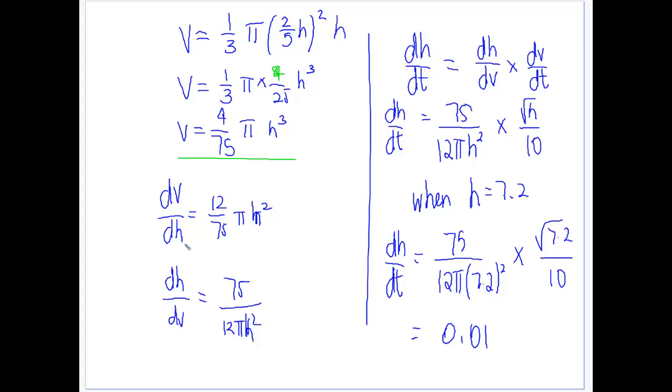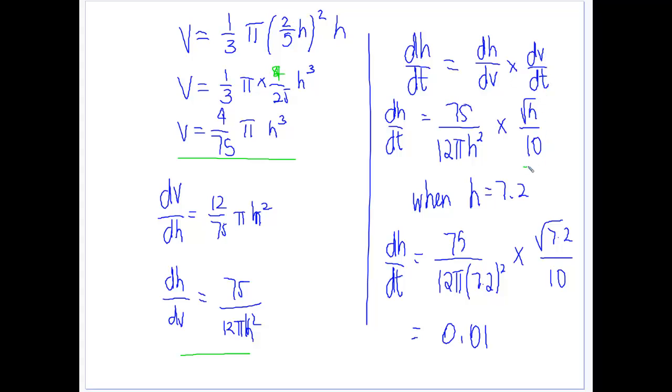And then dV/dh would equal the 12 on 75 because we multiplied by 3 pi h squared. So there, and dh/dV, which is what we really want, is 75 on 12 pi h squared. So we know that dh/dt is equal to dh/dV times dV/dt.